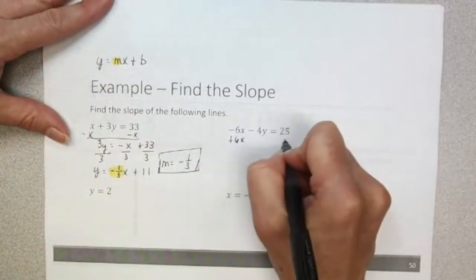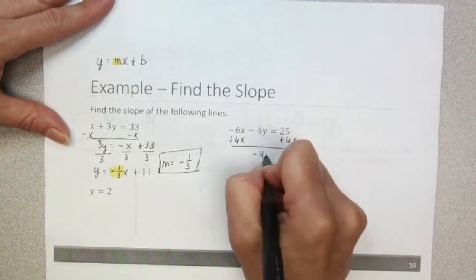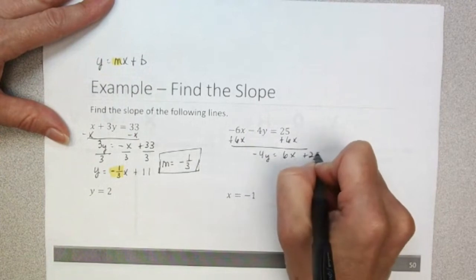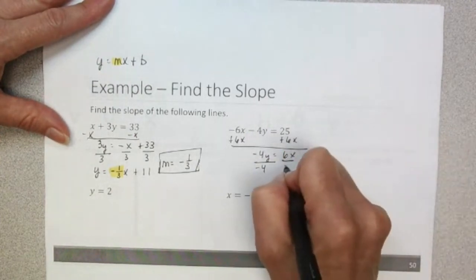We'll add 6x to both sides first. So then negative 4y is equal to 6x plus 25. And then we'll divide everything by -4.